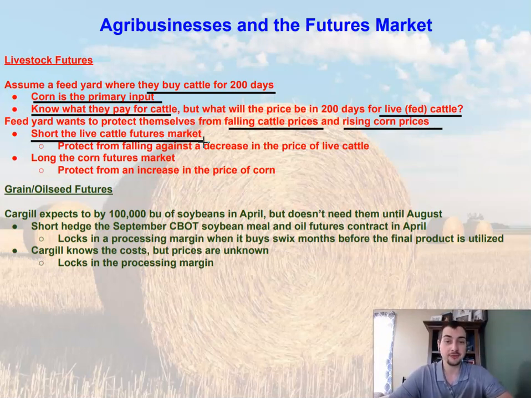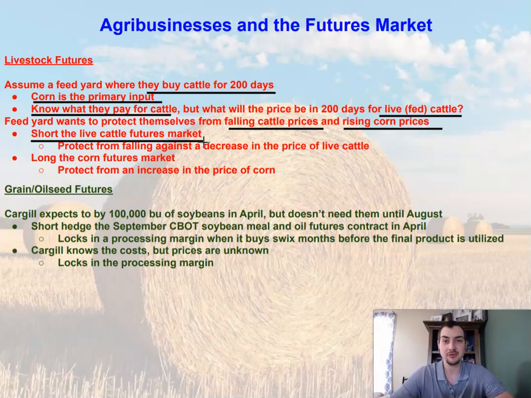So if prices fall in the futures market, do you make or lose money if you shorted the market? Well, you make money by shorting the market. Remember, you are agreeing to sell it at a certain price, and then prices fall. Well, you buy that contract back at that lower price. So if you're going to short the market and prices fall, you make money in the futures.